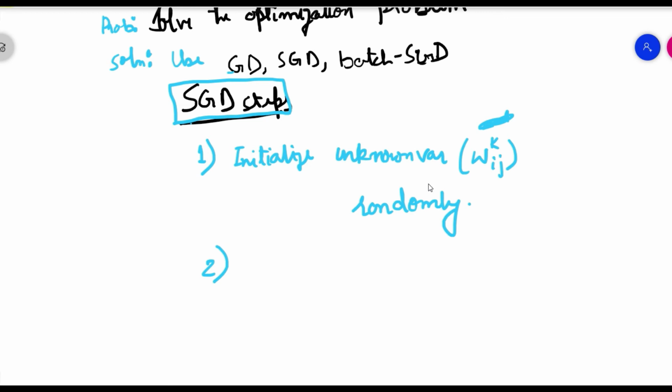The second step in stochastic gradient descent is about updating the weights using the update function. What does updation mean, and why do we require it at all? Because we have started from a random value of our unknowns, we need to update our weights continuously until we reach the convergence point.